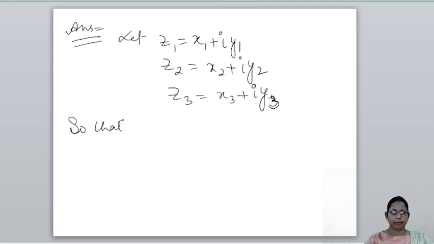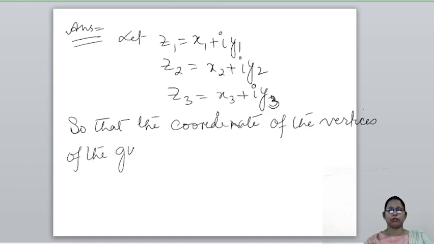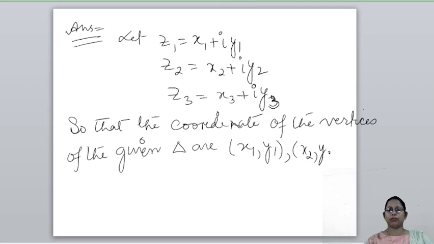So the coordinates of the vertices of the given triangle are (x1, y1), (x2, y2) and (x3, y3).